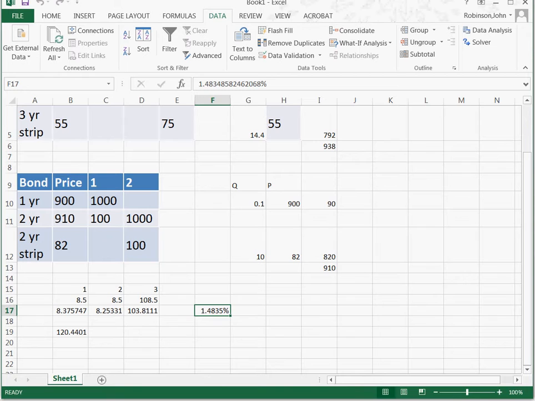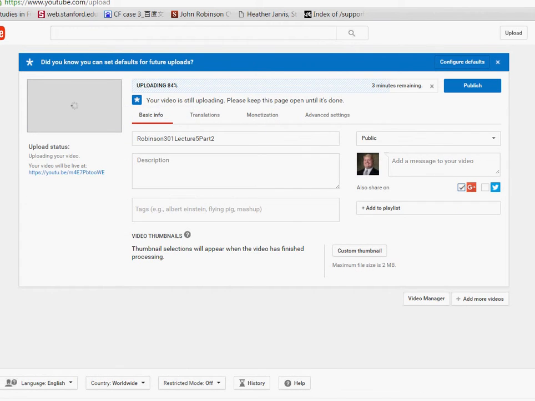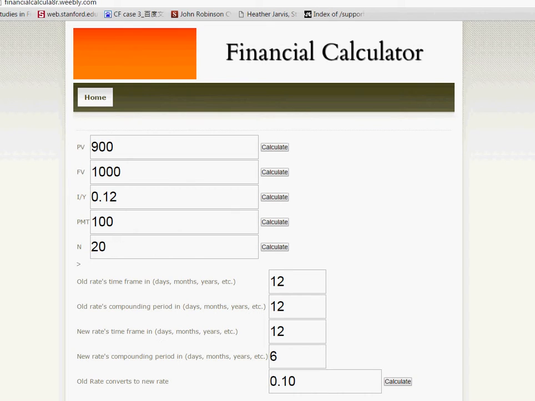We can also do the same procedure with the financial calculator. We know what the present value is, it's like 120.44, and the future value is 100. Then our payments are 8.50, and we have 3 total payments.